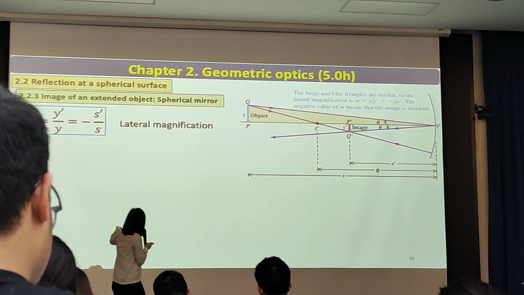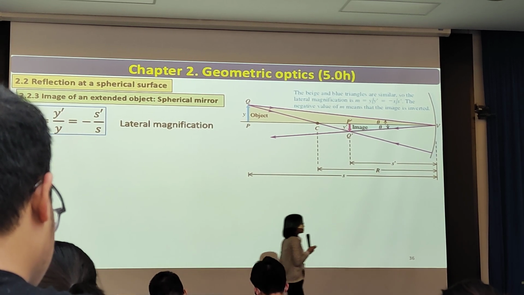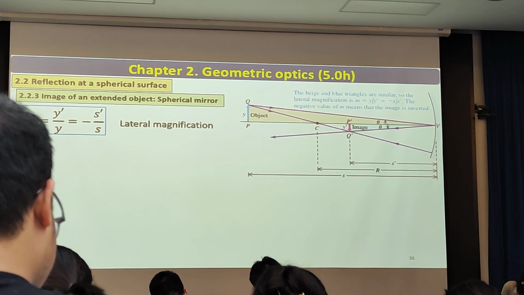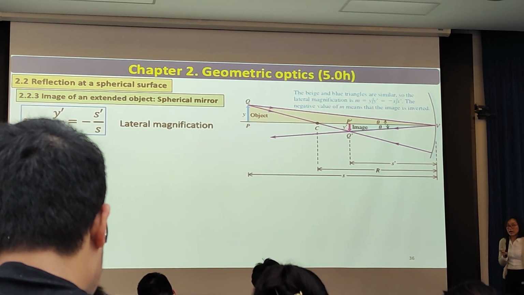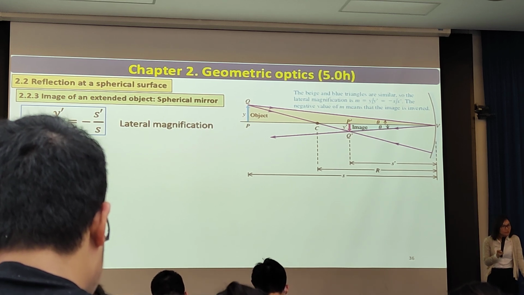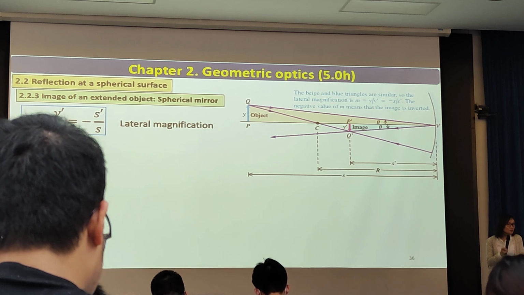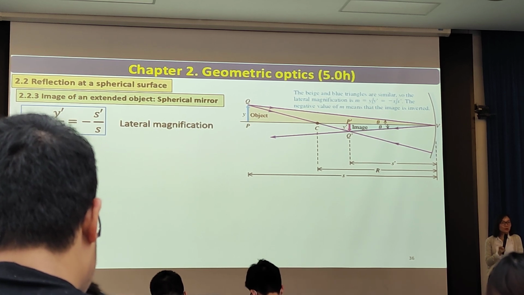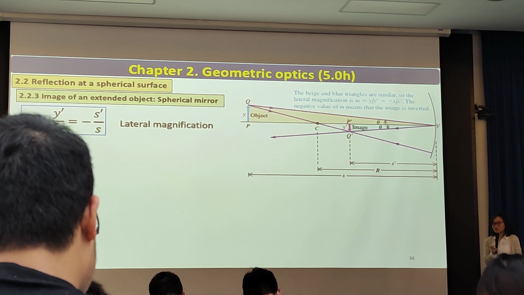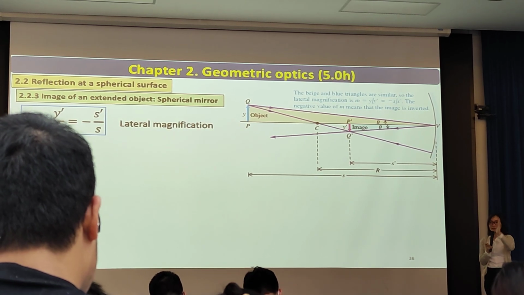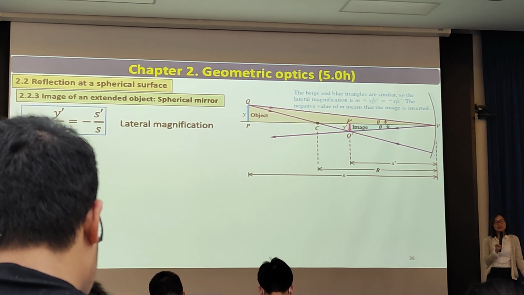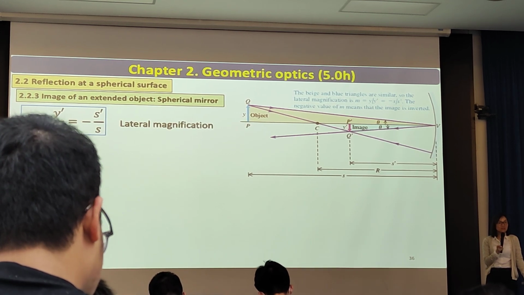And in this case you have this definition, lateral magnification M equals Y prime over Y equals minus S prime over S. And M can be positive or negative. If M is positive, we say that the image is erect, in the same direction as the object. And if M is negative, we say that the image is inverted.